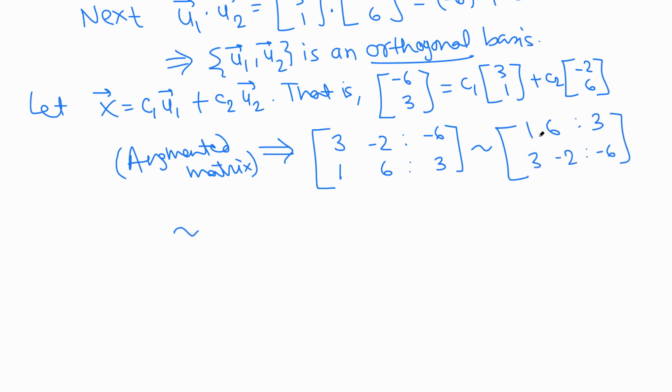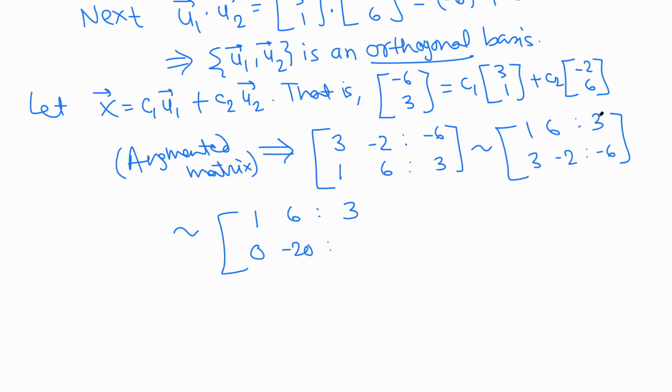Now we keep row 1, multiply row 1 by negative 3, and add it to the other row. So negative 3 times 1 plus 3 is 0. Negative 3 times 6 is negative 18, plus negative 2 is negative 20.